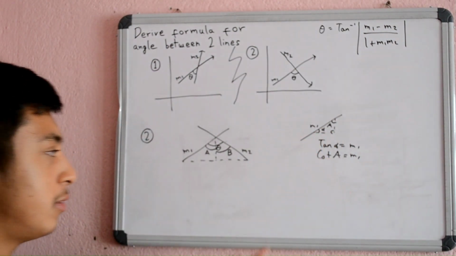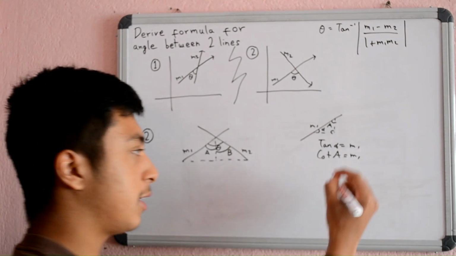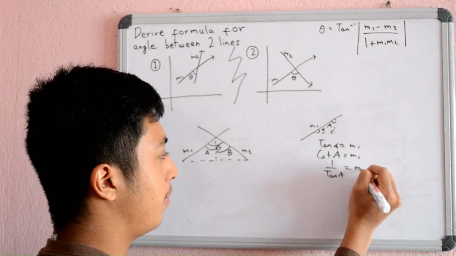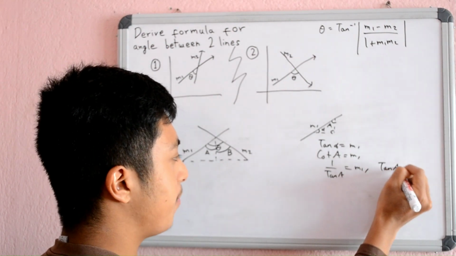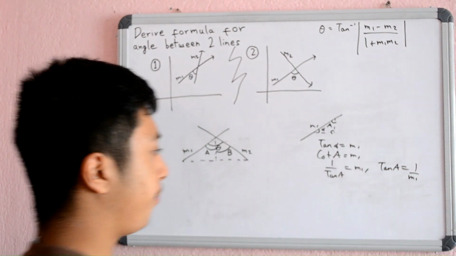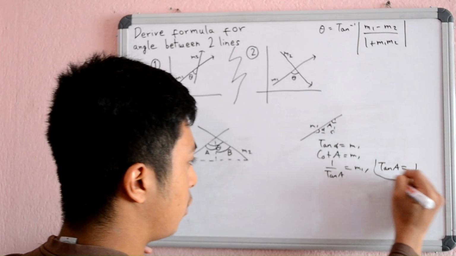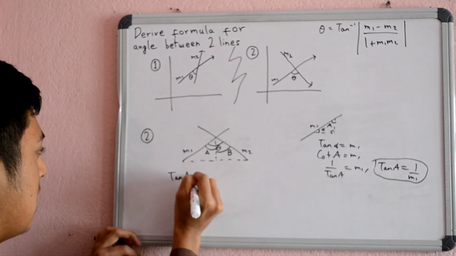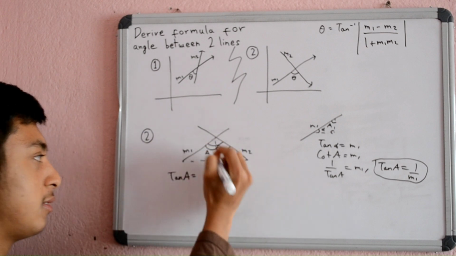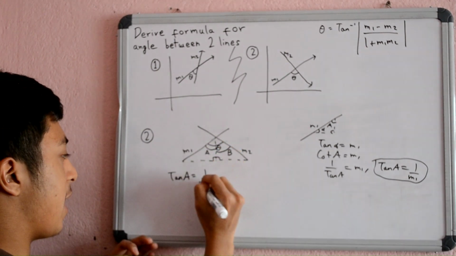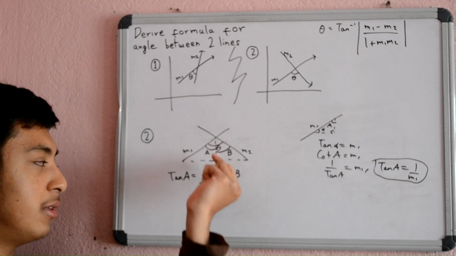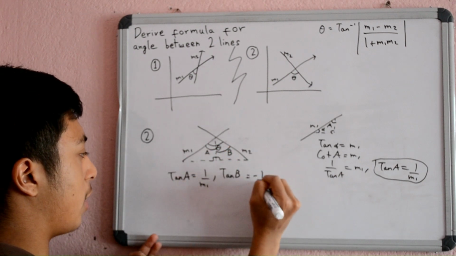And from here we can use the trigonometric identity that cot A, which is 1 by tan A, is equal to m1. That means tan A is just 1 by m1. We have to use this fact over here, and it's the same case over here. Tan A is just 1 by m1, and tan B is minus 1 by m2.